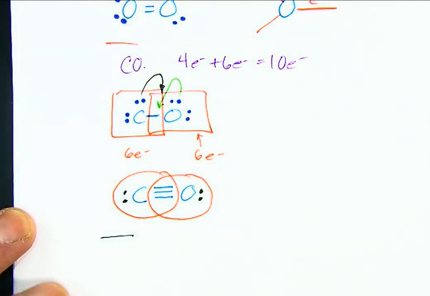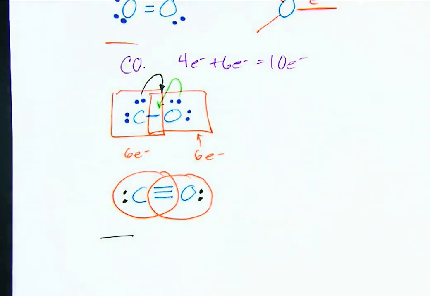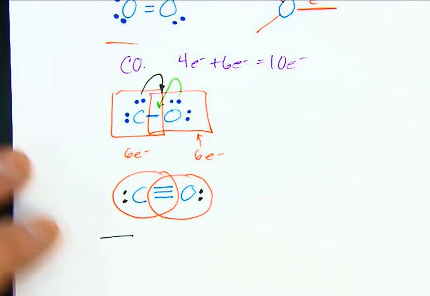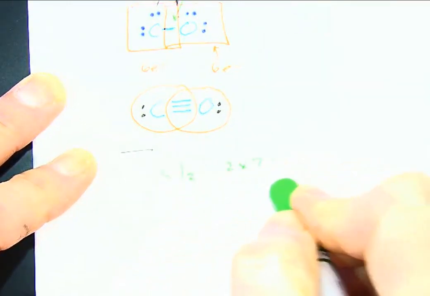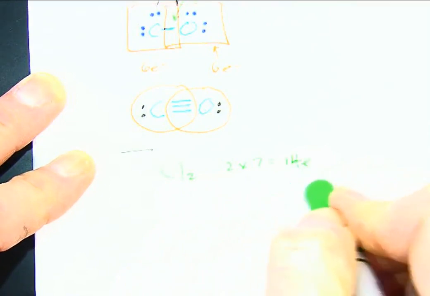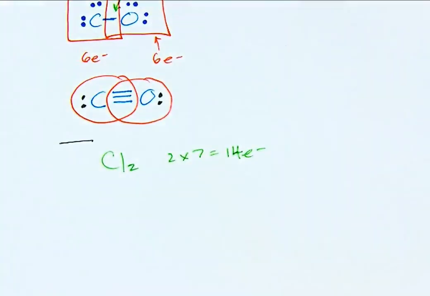All right, let's do another one and see if we can learn a little bit more here. Is there double bonding in chlorine? Let's see what happens here. So we have Cl2, that's 2 times 7, that gives us 14. Okay? You have to remember that. So let's see what happens here with chlorine.